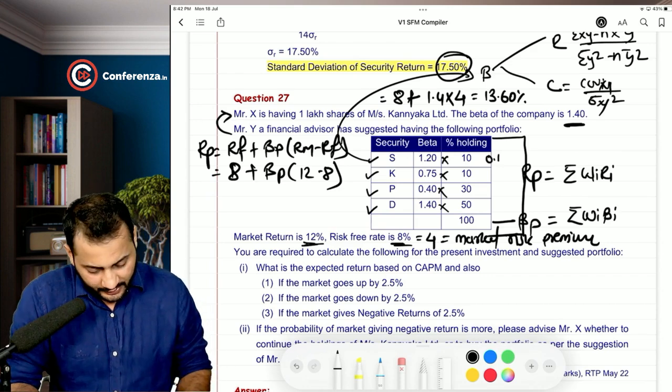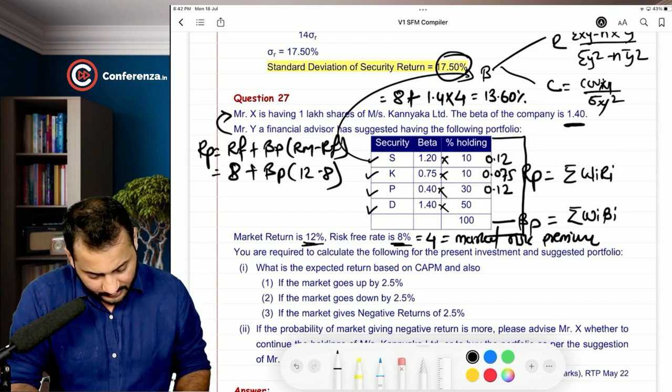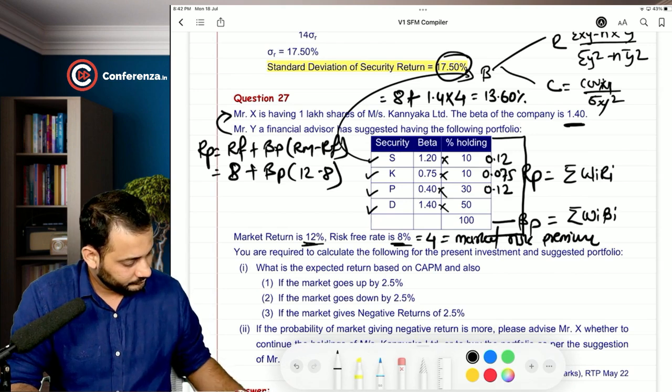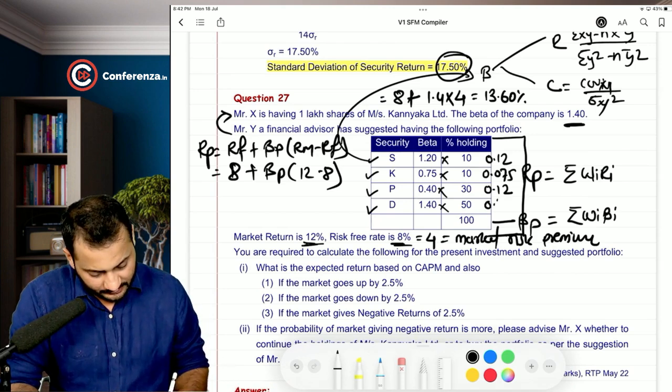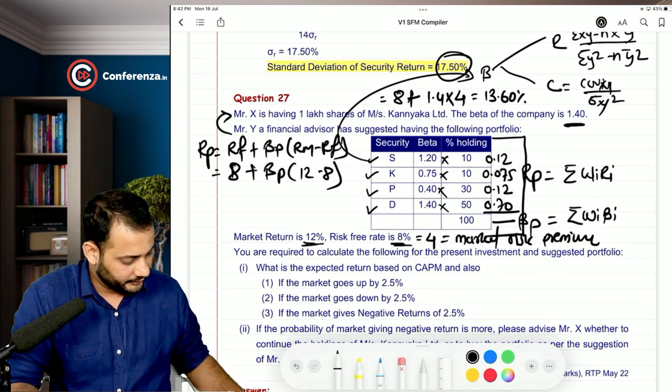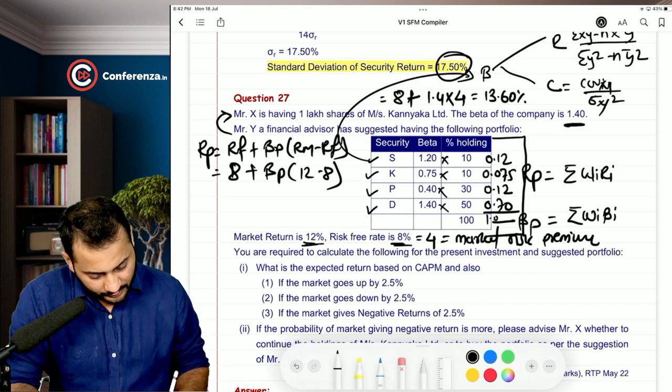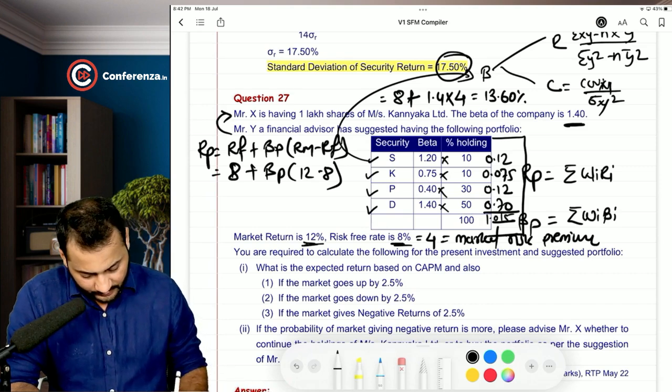It will be 0.12, this will be 0.075, this will be 0.12, this will be 0.7, and then do the total of it. So the portfolio beta comes to 1.015.